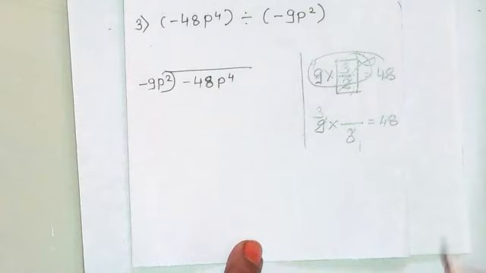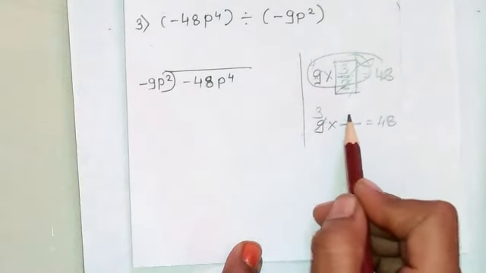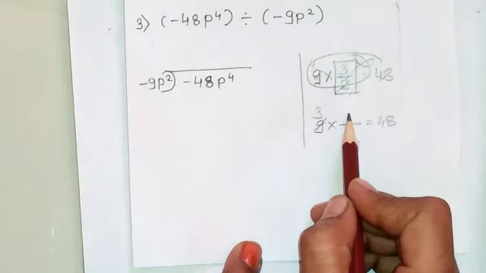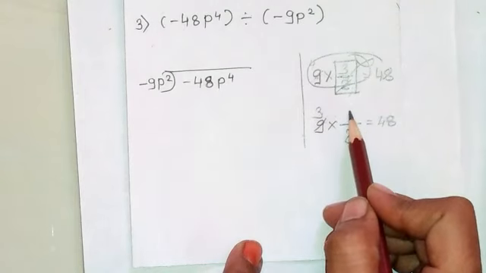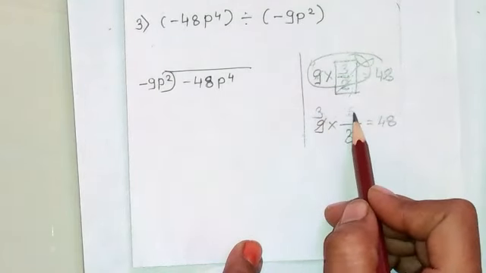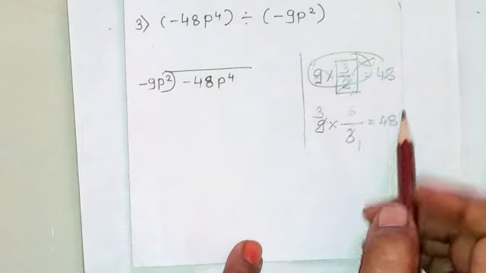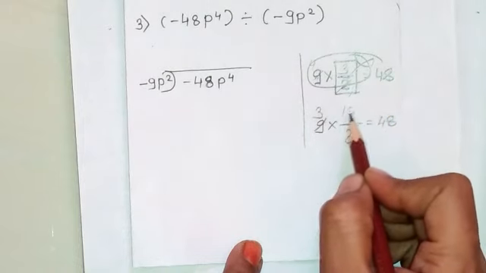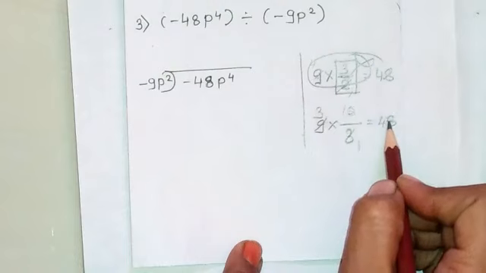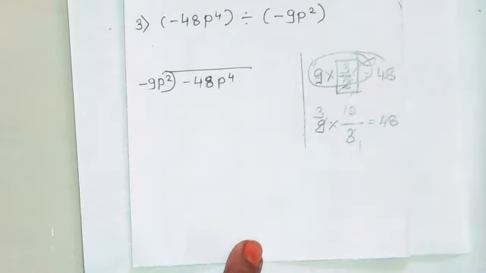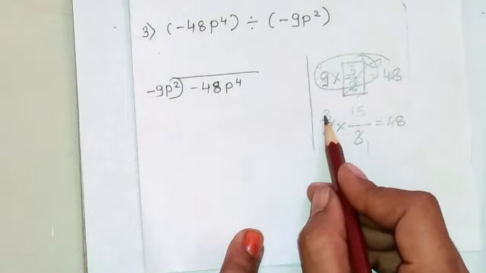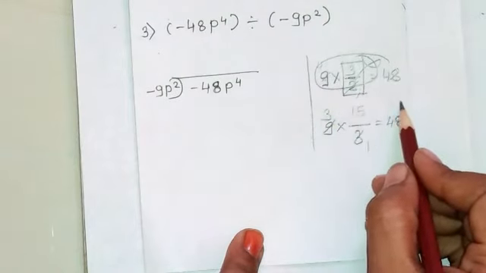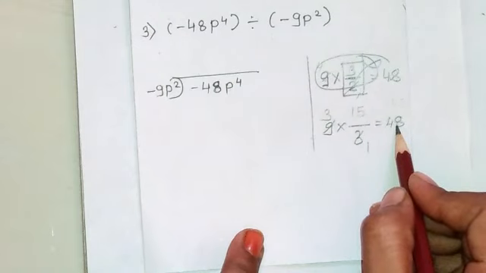Now students, we have to identify the number which is going to be thrice towards the 48. If we take the number 5, 5 threes are 15, we will not get the answer 48. If we take the number 10, 3 tens are 30 only, we want a bigger number. If you take 15, 15 threes are 45, but here we want 48.